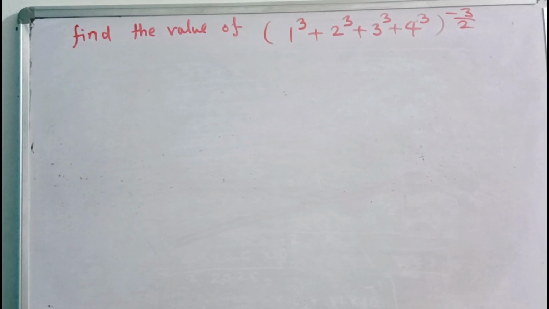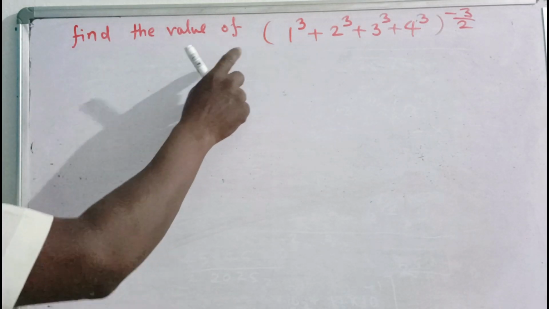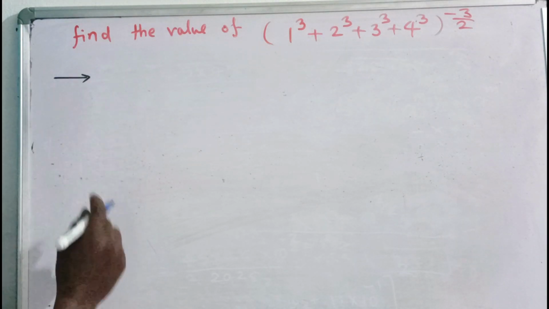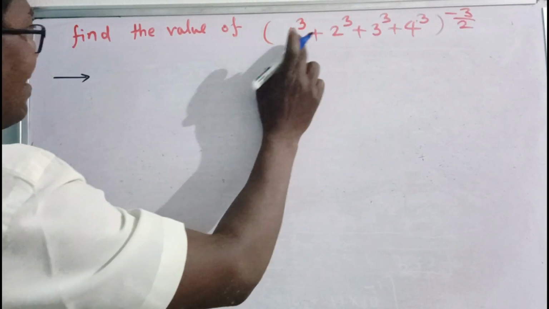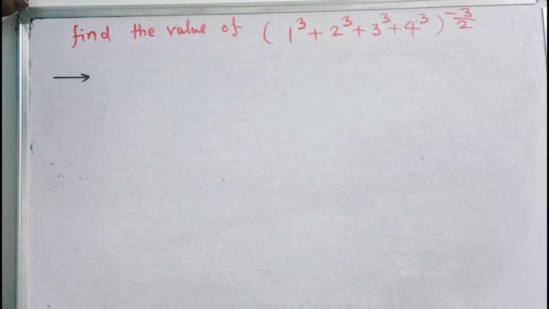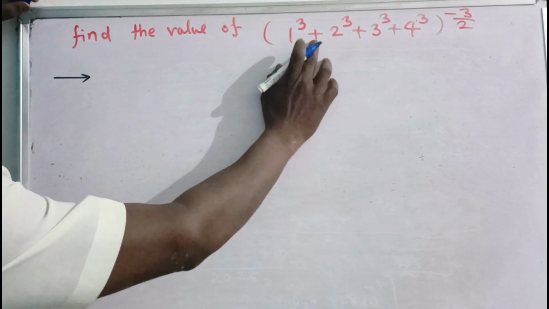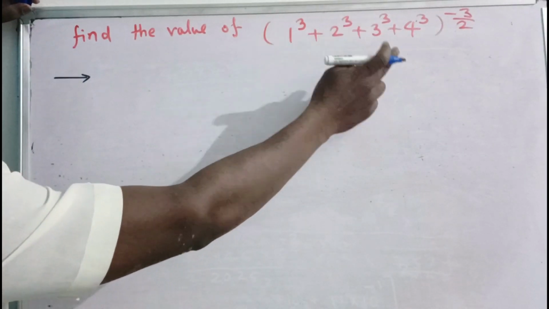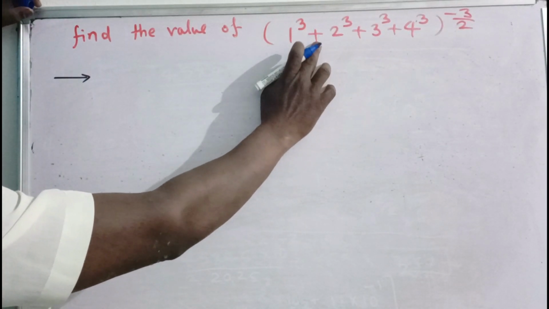Now next problem. Find the value of 1 cube plus 2 cube plus 3 cube plus 4 cube, all the quantity in brackets, the bracket raised to the power -3/2. Now in this problem we can't apply the property directly. I said in the last problem that if there were multiplication we could apply it, but if plus or minus comes, we are not able to apply it directly.